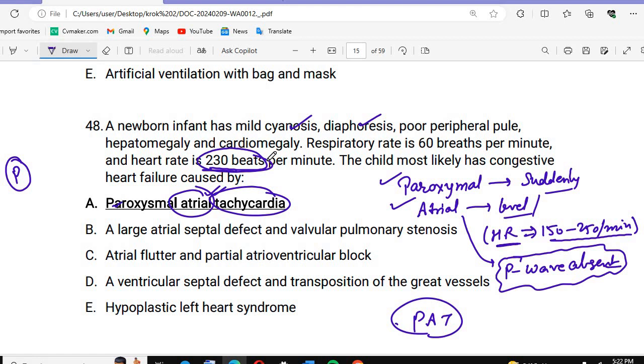AF means atrial fibrillation. We will discuss all these mainly on the ECG and cardiology part, because there are direct questions that you will see in your exam. So we will discuss that concisely. You just need to remember that if it is 230 or 150 to 250 beats per minute, he is talking about paroxysmal atrial tachycardia.